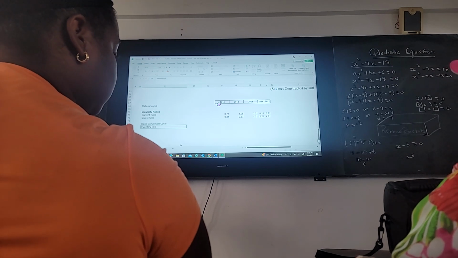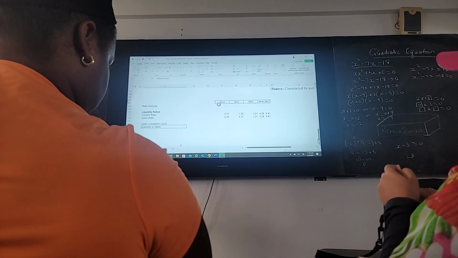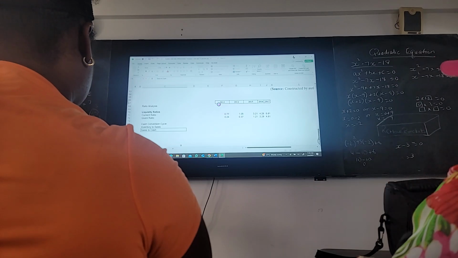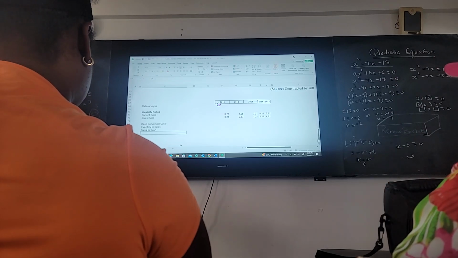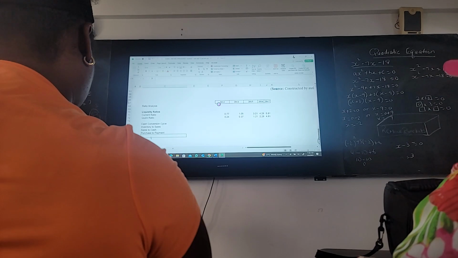Inventory to sale: how long does it take before your inventory becomes actual sales? Sales to cash: how long before your sales revenue becomes cash? And purchase to payment. Then we can put these together as the cash conversion cycle.